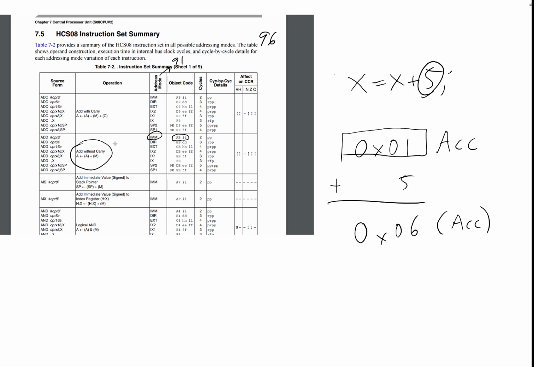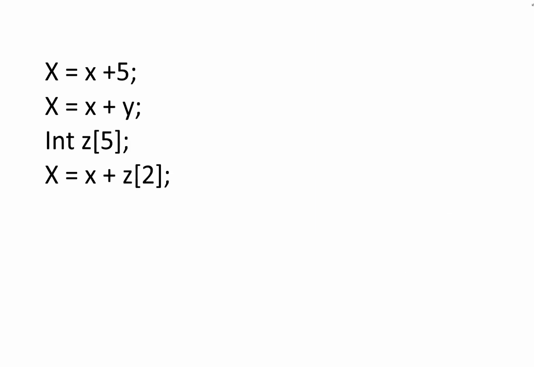The way that this is implemented in terms of the command language is going to be an AB followed by a 05, where these are hex values. This is an operation code, and then this thing here is what would be called an operand, or a thing that modifies the operation. In this case, AB says, hey, I want you to add something to the accumulator, and the very next byte is going to be the numerical value that I want you to add. The next byte in this case is 5. That's going to make the accumulator value go up by 5.